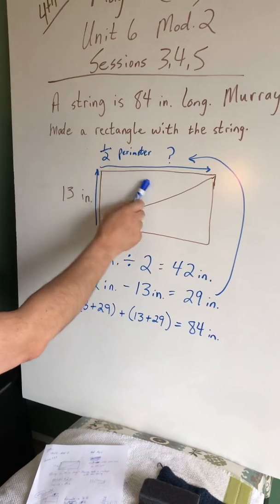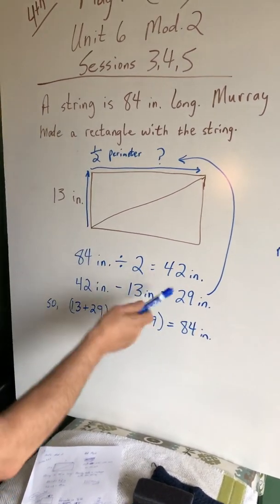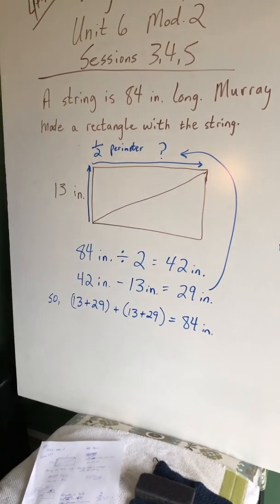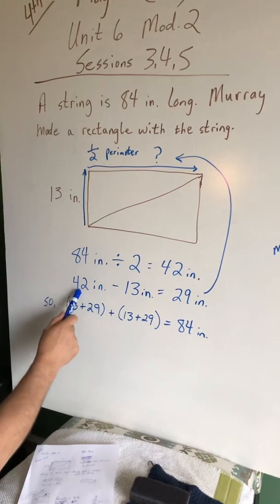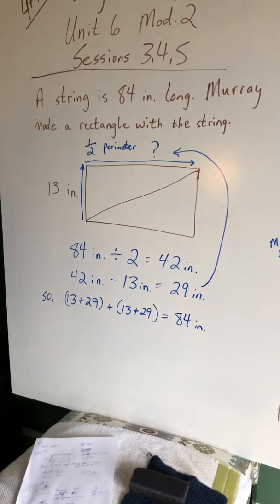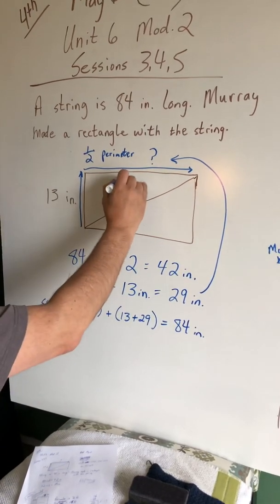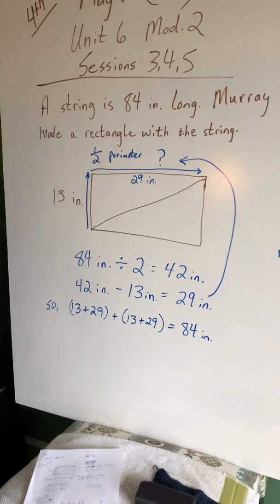But what about this dimension here? Okay, well, if we know from here to here is 42 inches, if we take off the 13, 42 inches minus 13, you're left with 29 inches. So this length right here is 29 inches, okay?